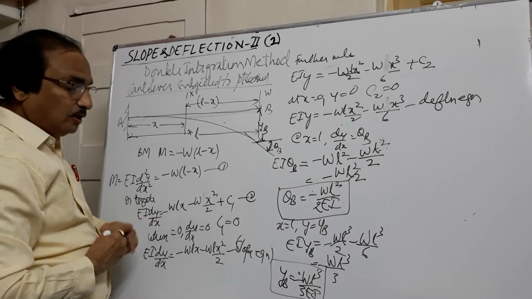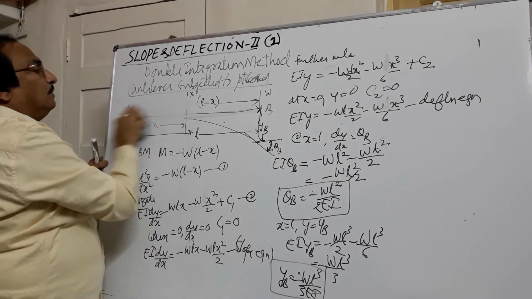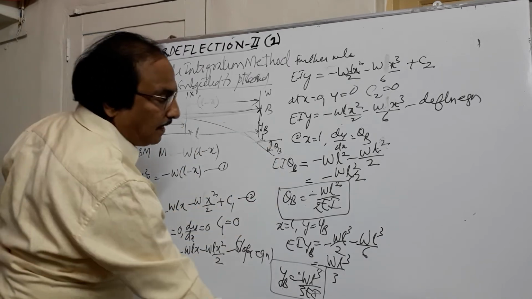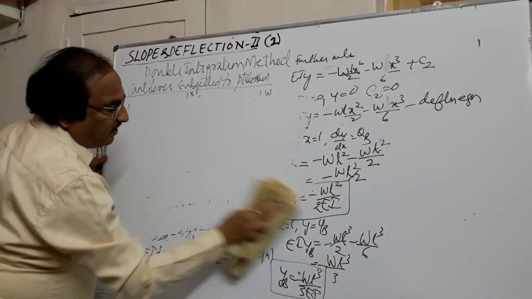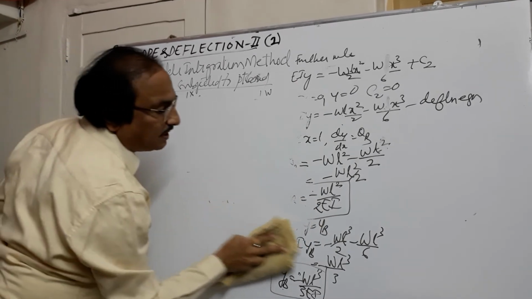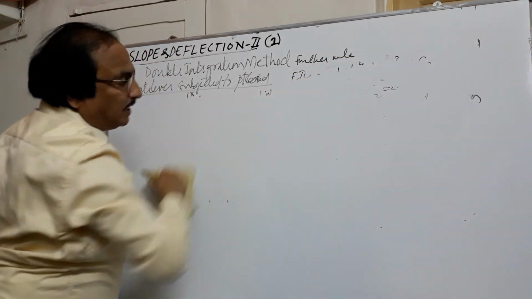So this is a cantilever beam carrying a concentrated load at the free end. We will see a similar problem on a cantilever beam carrying UDL.